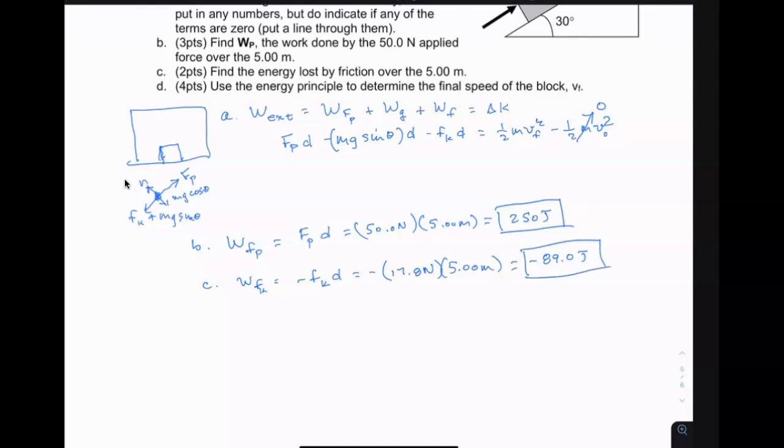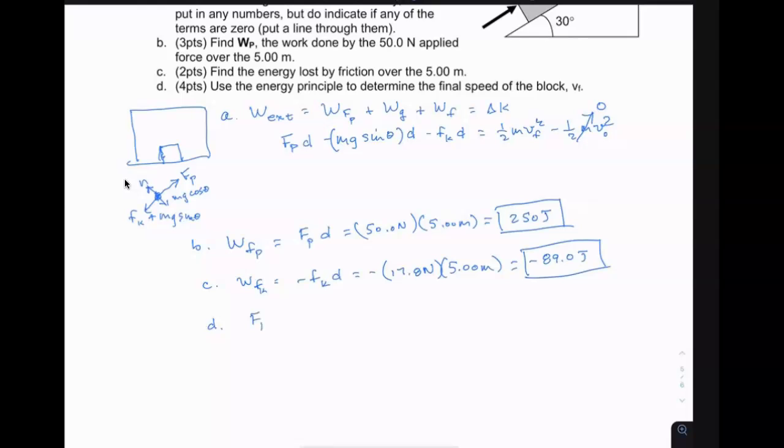And then in part D, we're asked to use the energy principle to determine the final speed of the block, v sub F. Well, we've already written down an equation for the energy principle in part A, so we write it down again.